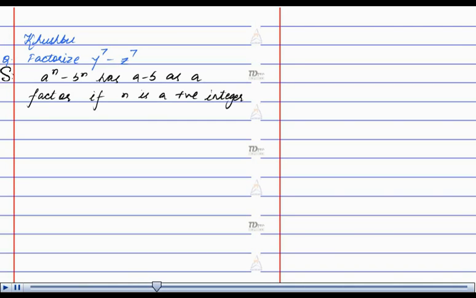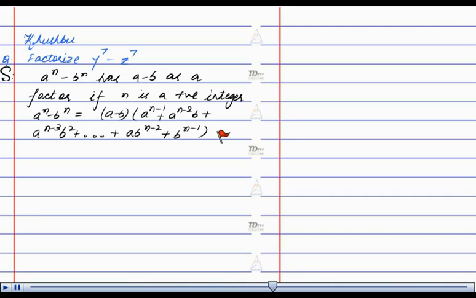This gives a to the power n minus b to the power n as a minus b into a to the power n minus 1 plus a to the power n minus 2 into b plus a to the power n minus 3 into b square and so on up to a into b to the power n minus 2 plus b to the power n minus 1.